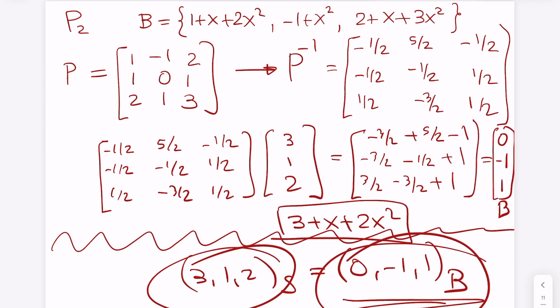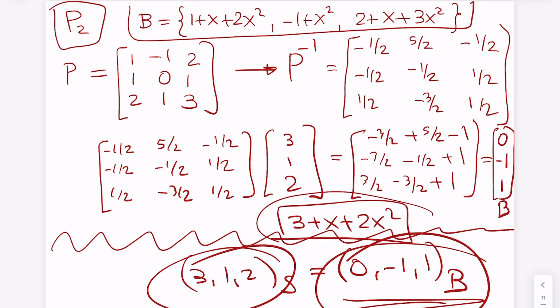I repeat once again the steps. If we have in a vector space a given other basis and we want to express a vector that is expressed in standard coordinates, I mean related to the standard basis, in the new basis, what do we need to do? Well, first we need to calculate a matrix P. This matrix is just the matrix whose columns are the vectors of the new basis, these three columns.